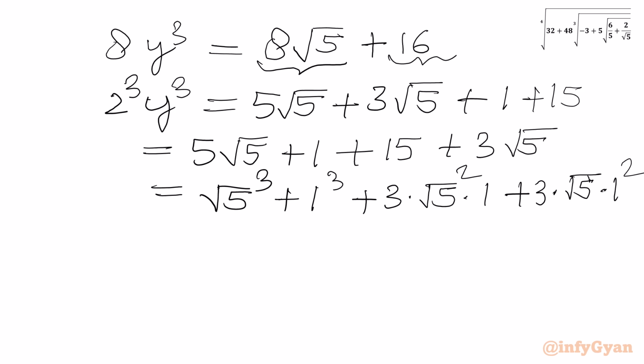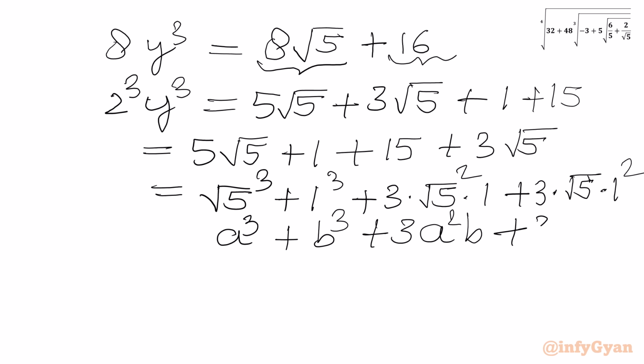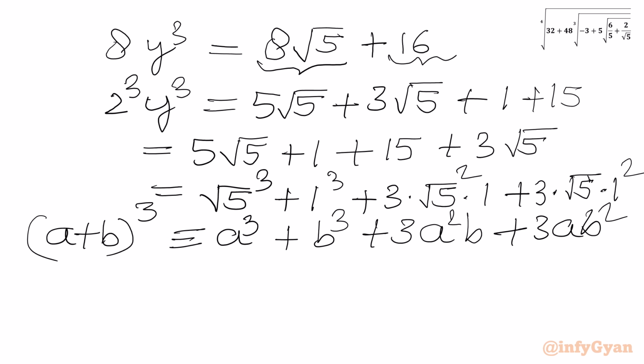So this is replicating one algebraic identity. If I consider a equal to square root 5 and b equal to 1, then this is a cube plus b cube plus 3a square b plus 3ab square. So in this place we can write a plus b whole cube. So our LHS is 2y whole cube. RHS is square root 5 plus 1 whole cube.